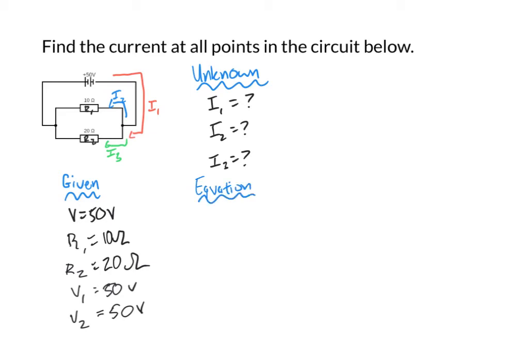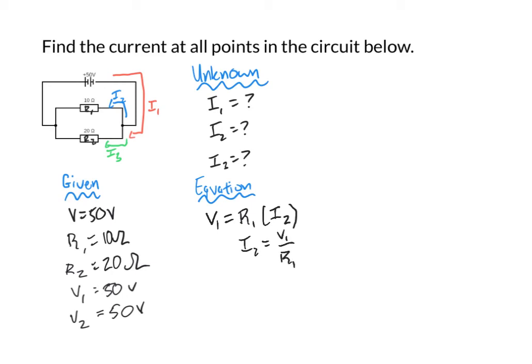So let's start with my current 2 and my current 3. So current 2 is traveling through resistor 1. So what I can say is that the voltage drop across resistor 1 is equal to the resistance of resistor 1 times the current through resistor 1, which is I2. Or I2 is equal to V1 over R1.